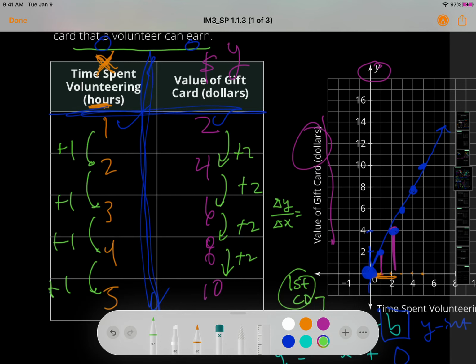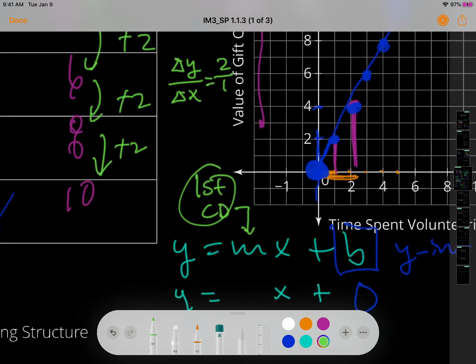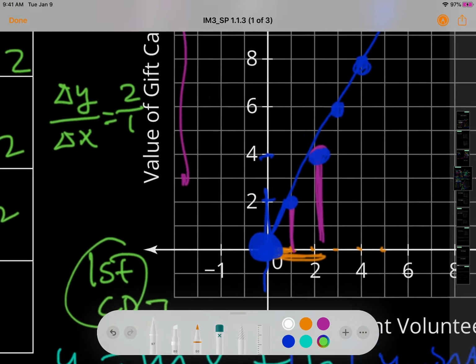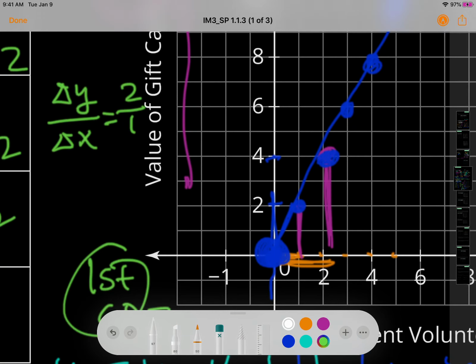So this is my change in the y's over the change in x's. That's going to be 2 over 1, and 2 divided by 1 is 2. So my equation is y equals 2x. You don't have to write the 0 there. How do you get 2 from the graph?